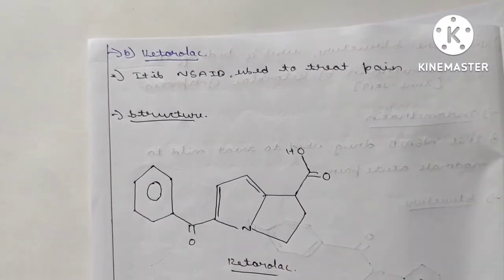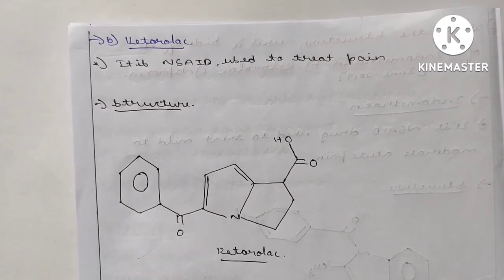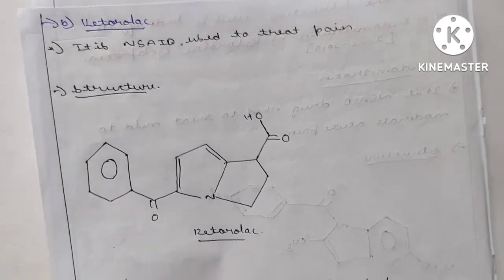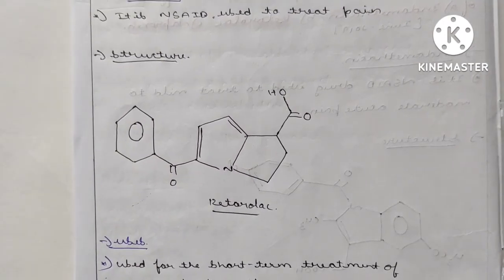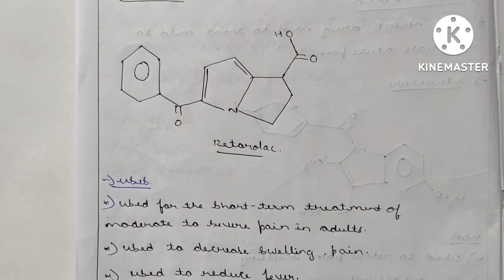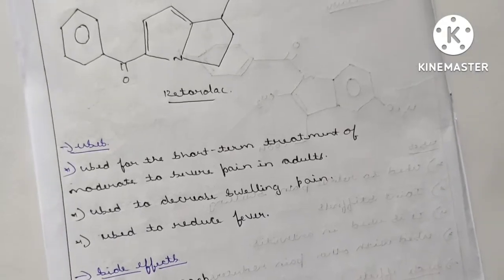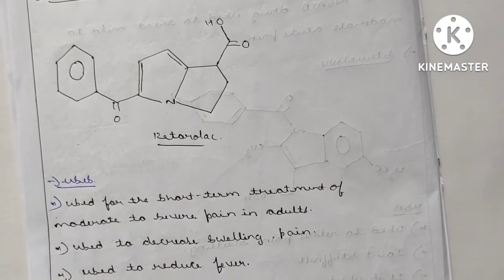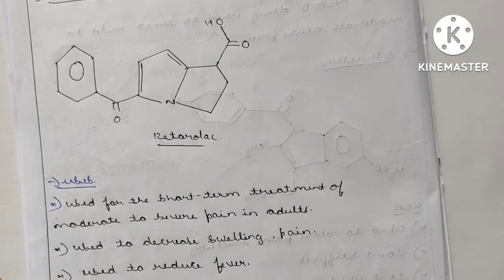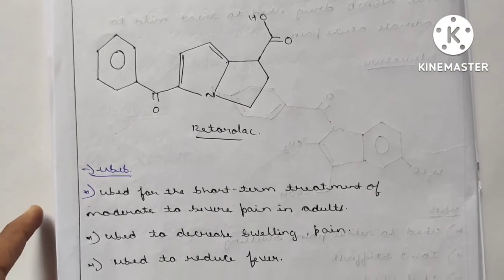Then we discuss the next one, ketorolac. Ketorolac is a non-steroidal anti-inflammatory drug used to treat pain. This is the structure of ketorolac. Uses: used for the short-term treatment of moderate to severe pain in adults, used to decrease swelling, and used to reduce fever. Also it is used for tooth pain, dental pain; at that time we give ketorolac.